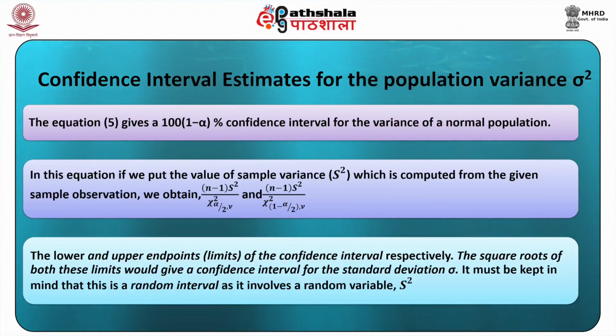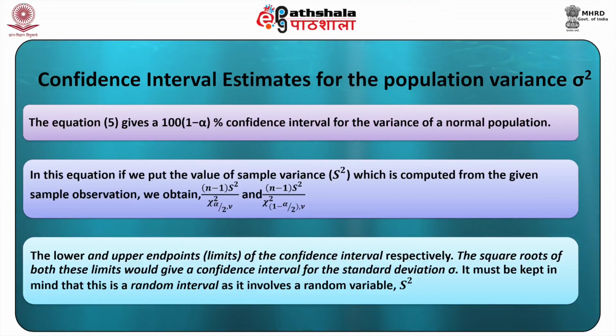In this equation, if we put the value of sample variance S square, which is computed from the given sample observation, we obtain n minus 1 into S square upon chi-square alpha by 2 nu and n minus 1 S square upon chi-square 1 minus alpha by 2 nu, defined as the lower and upper endpoints or limits of the confidence interval respectively.